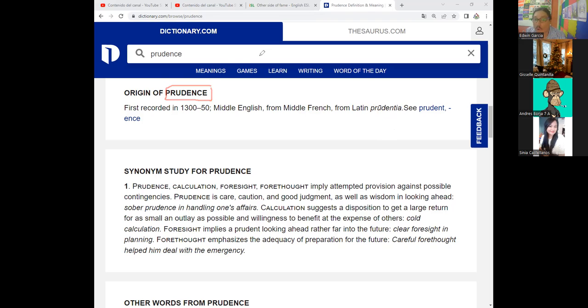Maybe it's another word, because prudence comes from Latin. And some translators say, hey, I don't like Latin, I want to use another English, or maybe Anglo-Saxon, word. Well, we are going to leave the verse for this day over here.